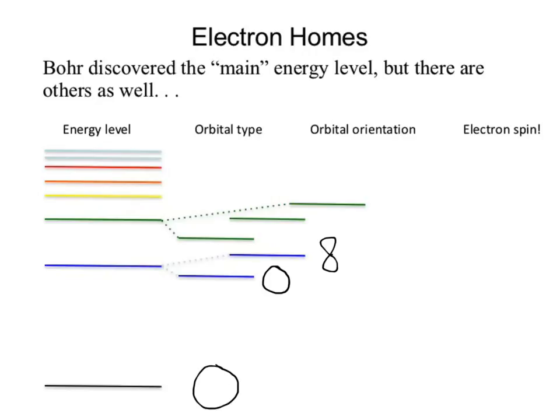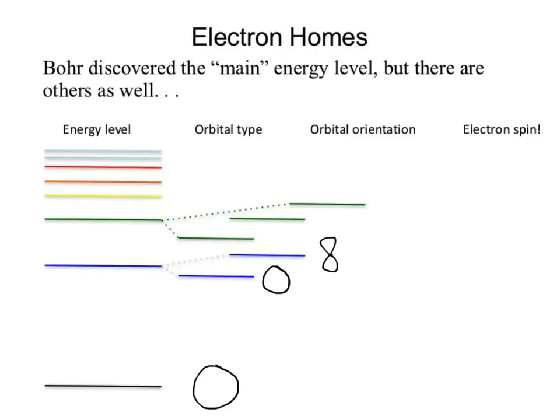If I took a fist and another fist, that is the shape of my p orbital. Ignore my hands or the rest of my arm, just the two fists. That is the shape of the p orbital. It's two fists with nothing in between. So what we're trying to show is where the electron can exist.